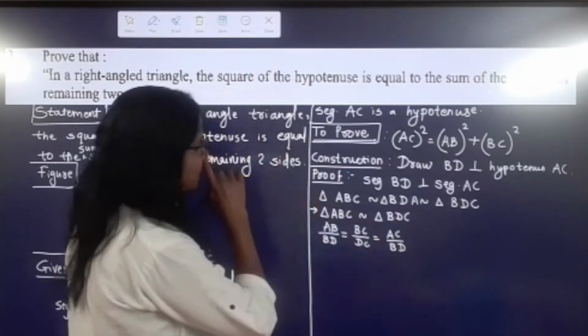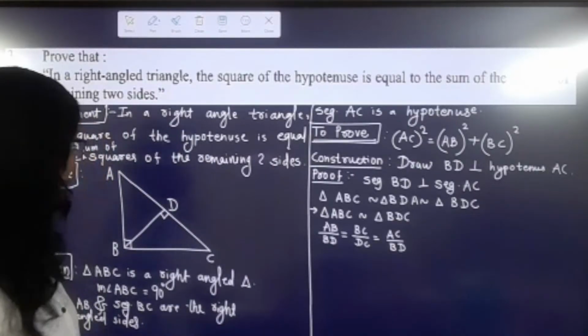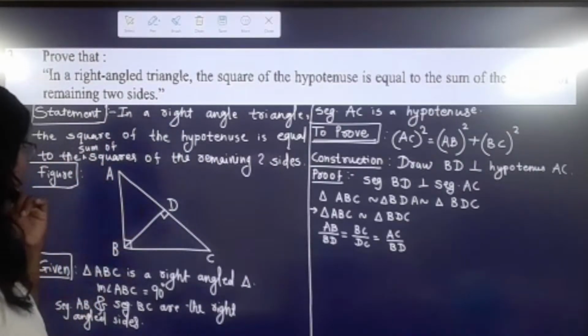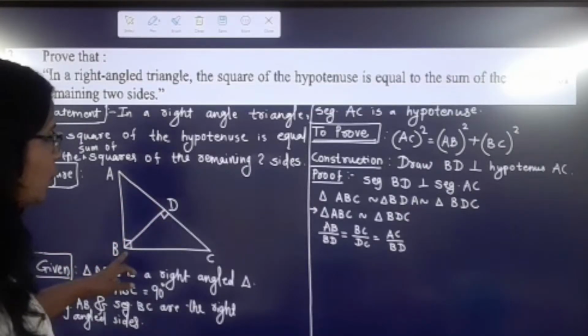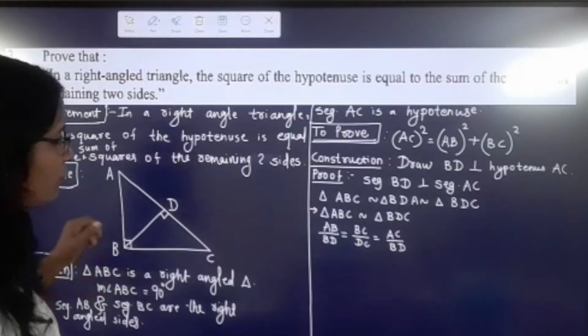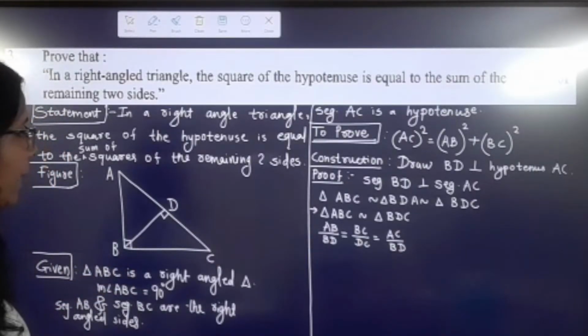Students, let's see which one we have to take. No, the one is BDA.